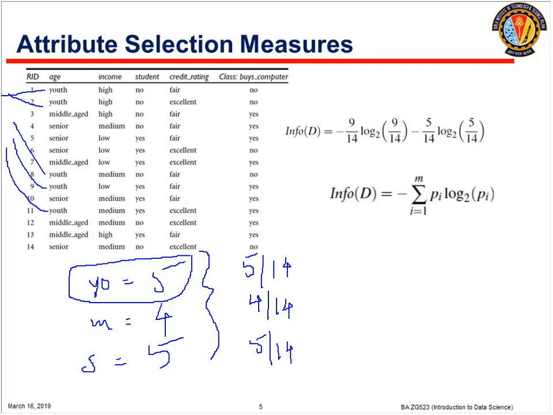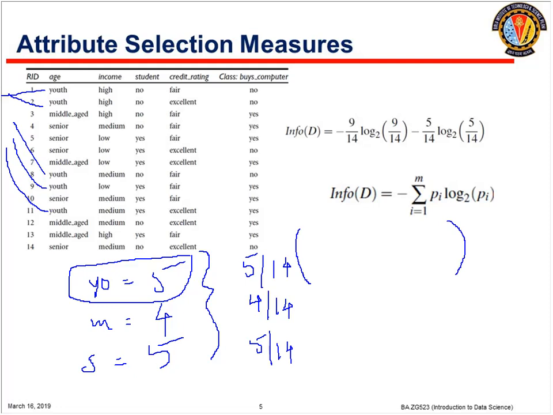So let's look at youth first. Provided that you select youth, what is the entropy of the system? If the split is made and you go in the youth direction, what will be the entropy of the resultant system?